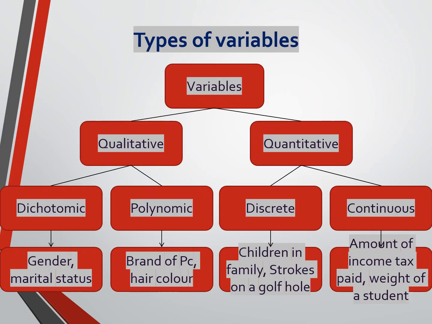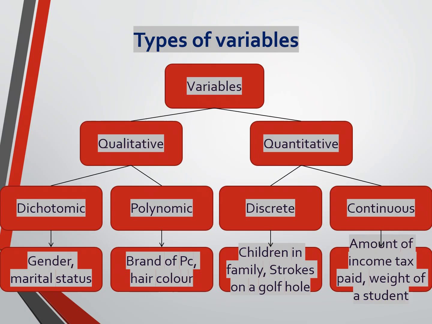When we say polynomic, it means the band of PCs. Any individual person may have 5 to 6 bands of PC given, or 5 or 6 types of hair colors, more than 2. Then it is considered basically ordinal data. You are not giving importance to which is better and which is worse, but you are giving the order for that.